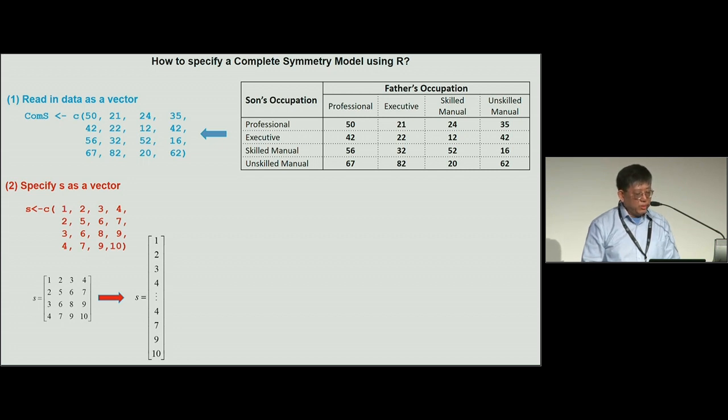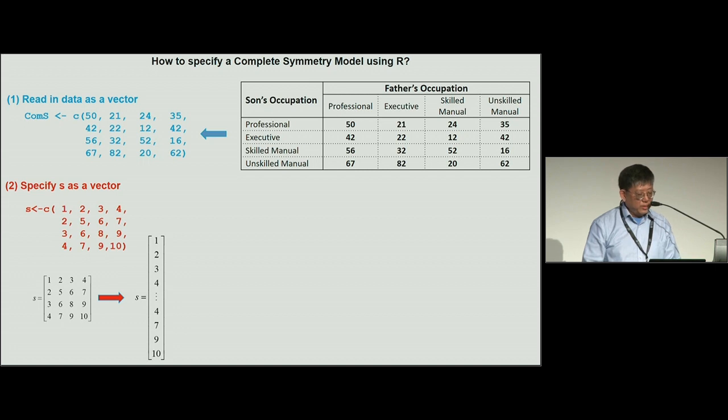So just now we saw the S matrix, which is symmetrical in reference to the diagonal. So this is 2, this is 2, this is 3, this is 3, this is 4, this is 4. It's all symmetric to the diagonal here.